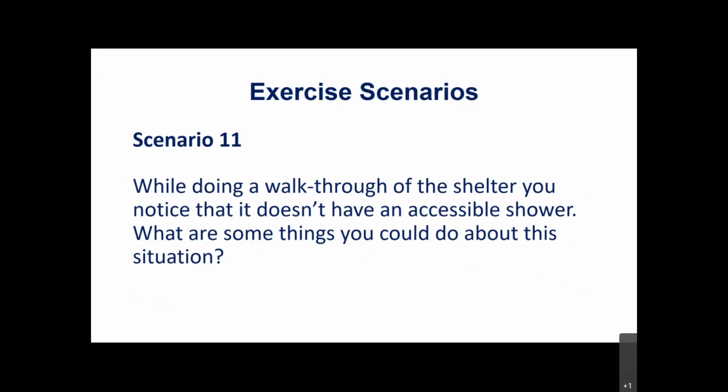That would require some MacGyvering, so it would depend on the individuals who might need the accessible shower and what their needs are. But the suggestion also is here to put in a request for an accessible shower unit. And that might be ultimately the best solution.